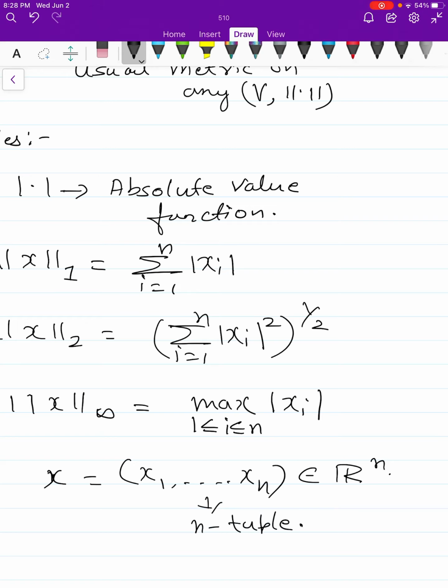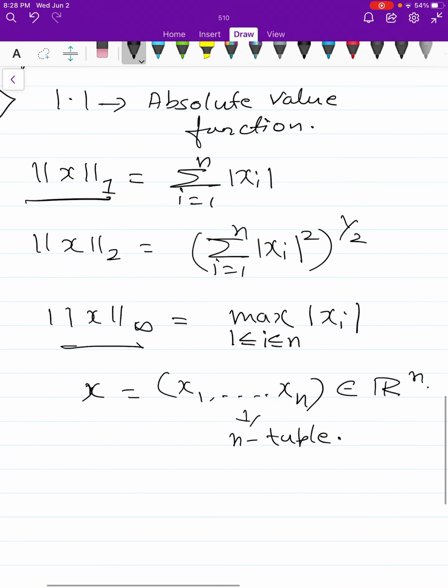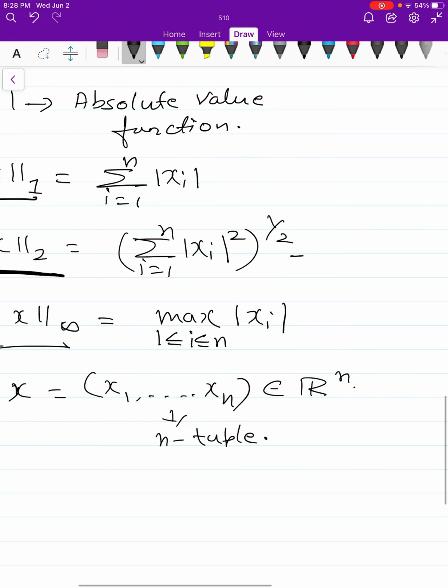Okay, so the first and the last expressions are very easy to check whether they are a norm or not. And the 2 norm is called the Euclidean norm, and it is generally accepted as the norm of choice on Rn also.